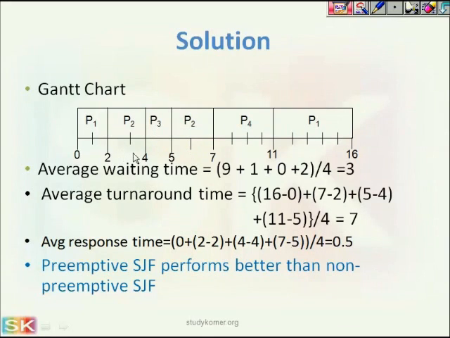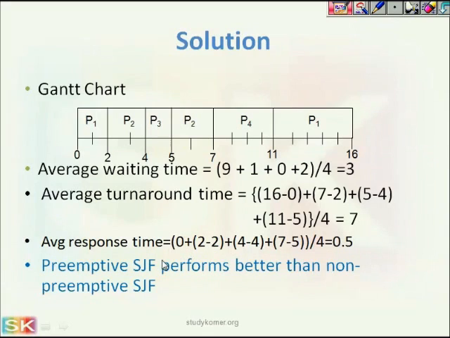P3 was submitted at time 4 and got the CPU at time 4, so its response time is again 0, plus P4 was submitted at time 5 and got the CPU at time 7. So its response time is 7 minus 5, that is 2. So overall the average response time is equal to 0.5.